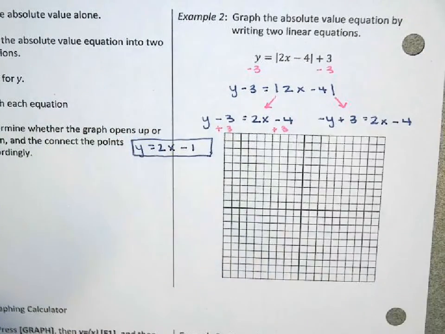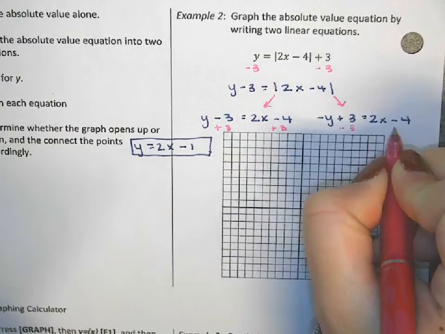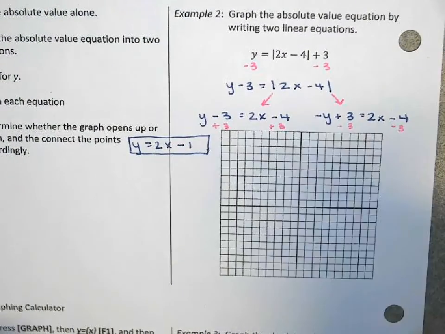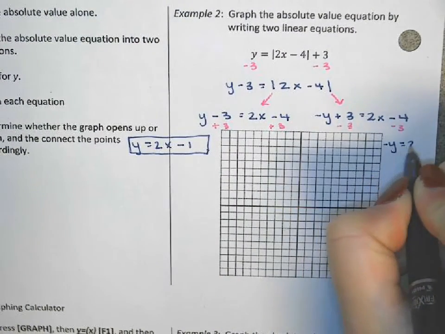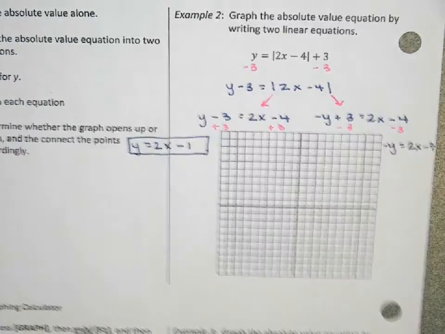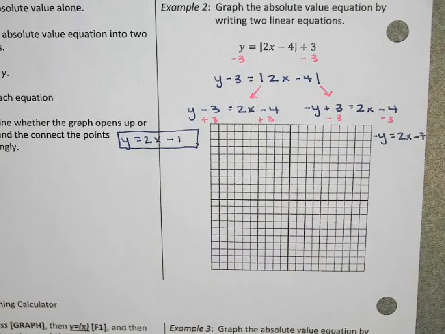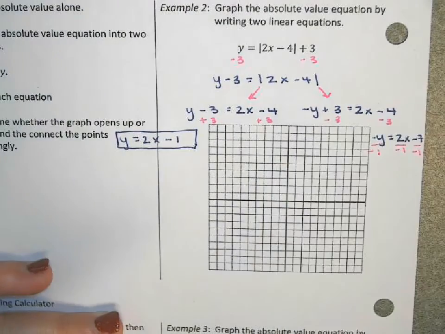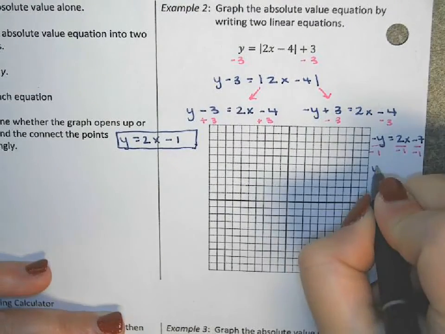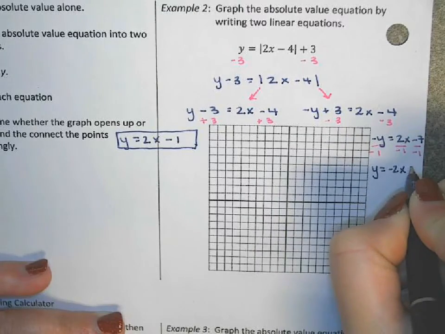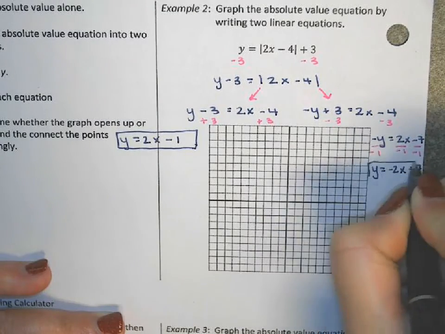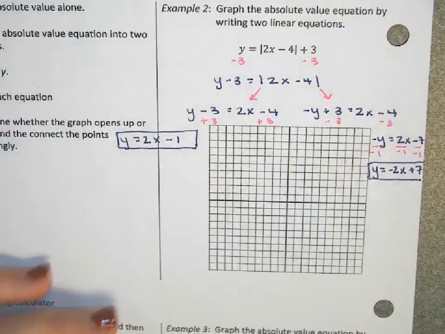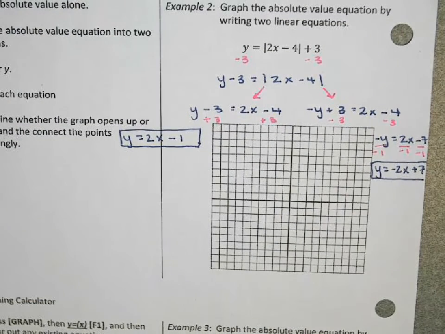Or subtract 3 on both sides, I'll get negative y equals 2x minus 7. Then you're going to have to divide by negative 1 on everything to get y equals negative 2x plus 7, which I also know how to graph, that linear equation.